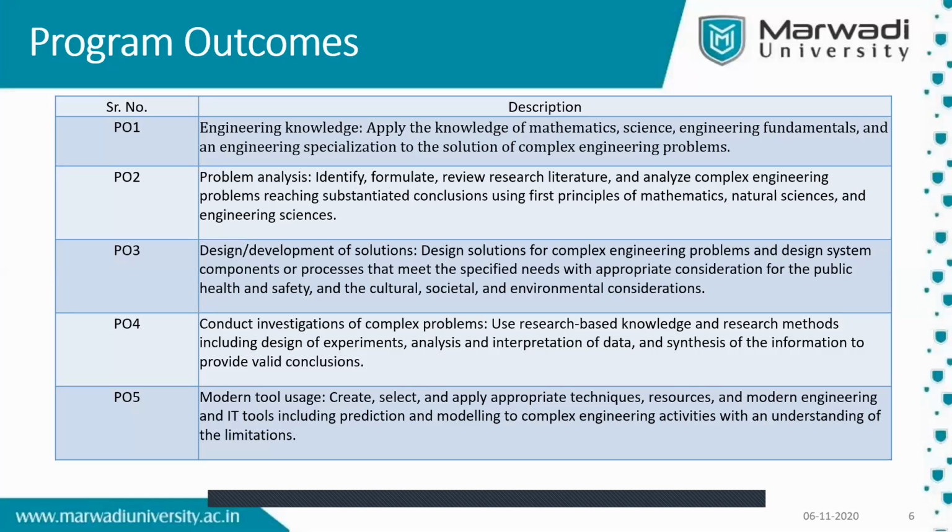So in our subject, the first PO can be achieved. It means using engineering knowledge to operate different devices and tools, and by using those tools we achieve our engineering knowledge. The next program outcome we achieve is the fifth, PO5, modern tool usage. It means we have to create, select and apply appropriate techniques, resources and modern engineering tools.